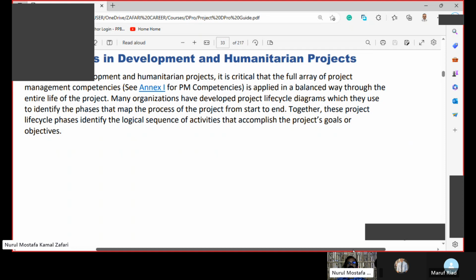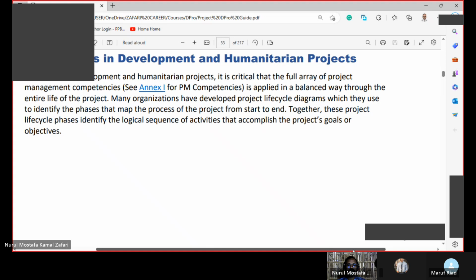And also we shortly discussed that project management in the development and humanitarian sector is almost the same, but the project life cycle, the way it's been defined or divided or devised, is different from organization to organization, from donor to donor, from situation to situation.